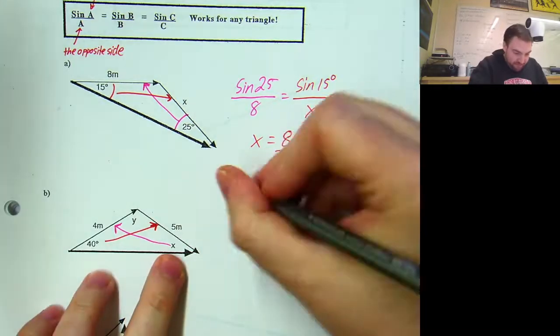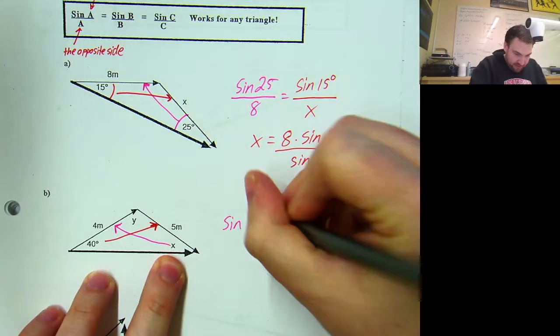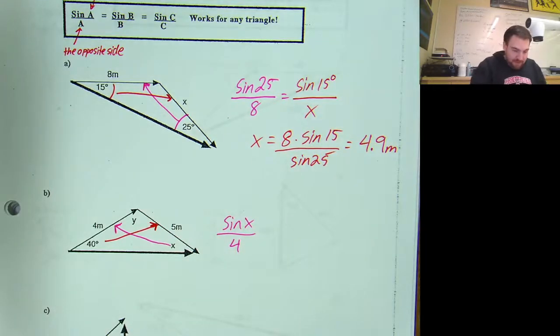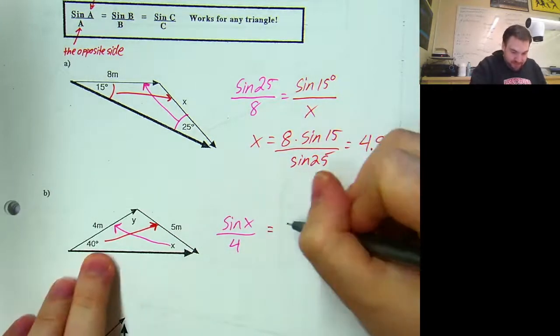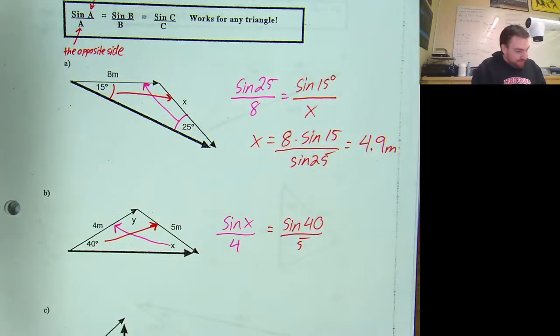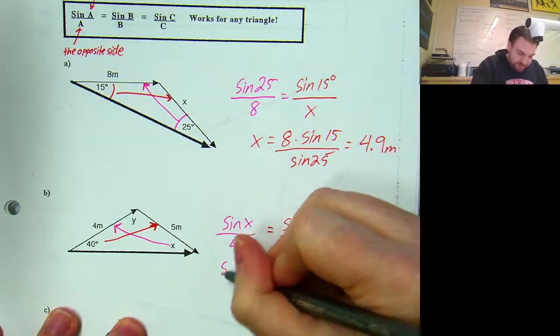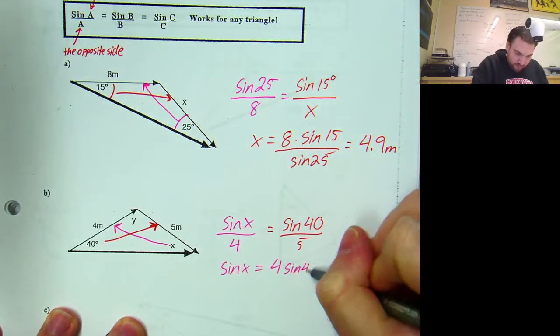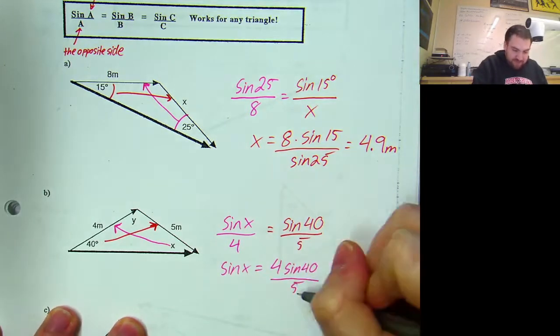So we can run this through. We're going to have the sine of x divided by 4, and that's going to equal the sine of 40 divided by 5. To solve this one, we're going to multiply 4 up, so we get sine x equals 4 sine 40 over 5.